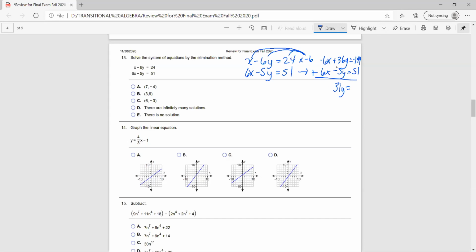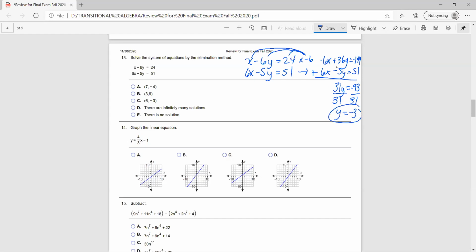And then negative 144 plus 51 is negative 93. Then we would be able to solve for y by dividing by 31, and that's going to give us the answer that y is -3.